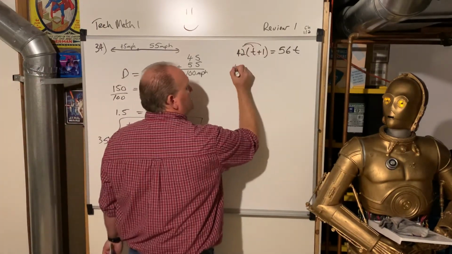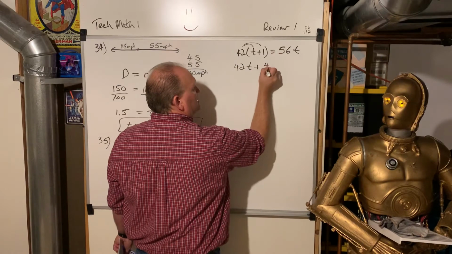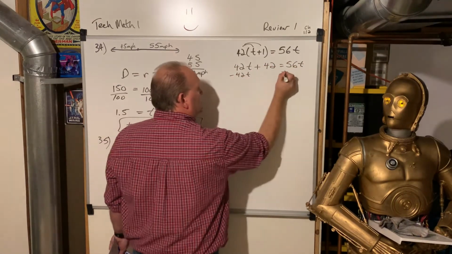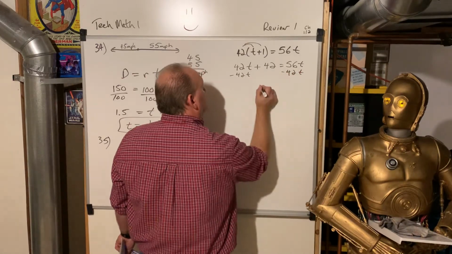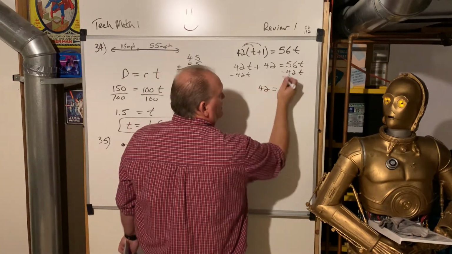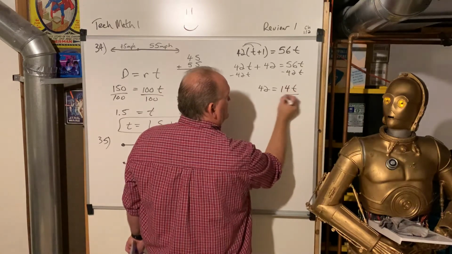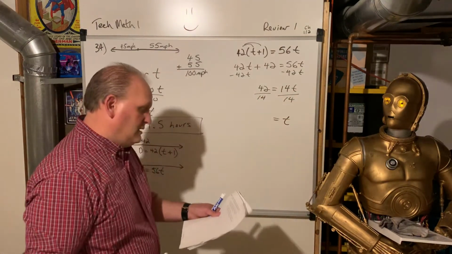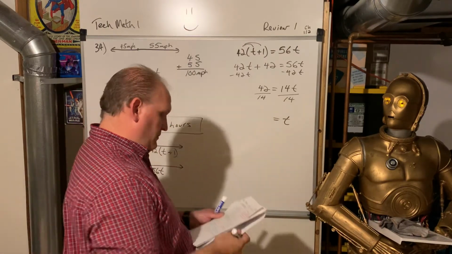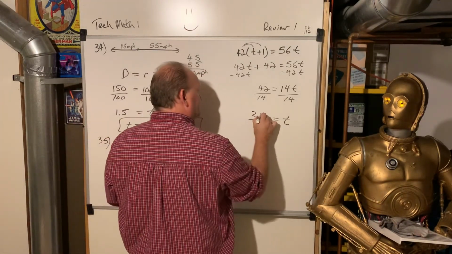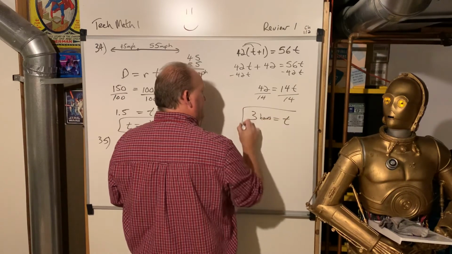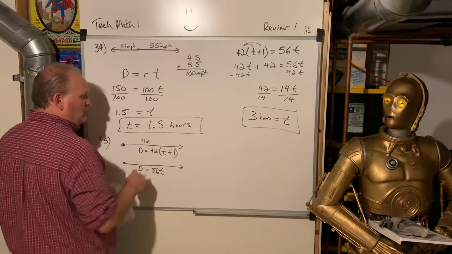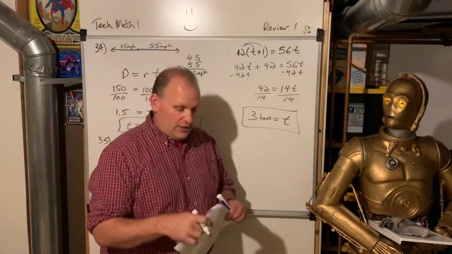These are just like what we did before. 42t plus 42 equals 56t. Let's get all the t's over to one side. 14t divided by 14. And t is equal to 3. So in 3 hours' time, this car going 56 miles per hour will catch up with the one going an average of 42 miles per hour.